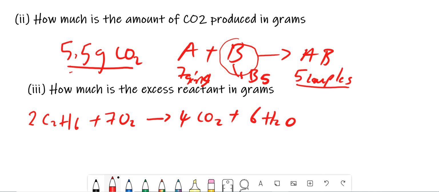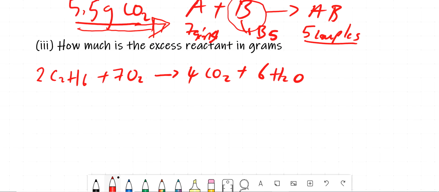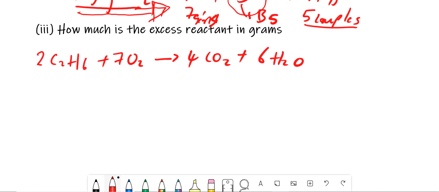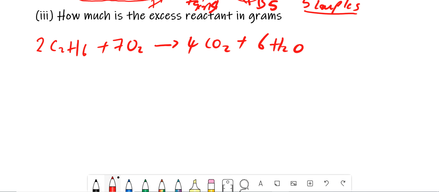So in this case, your product will be the one determined by the limiting reactant, which in that case was oxygen. Okay, so the next question: how much is the excess reactant in grams? The excess in this case is ethane.